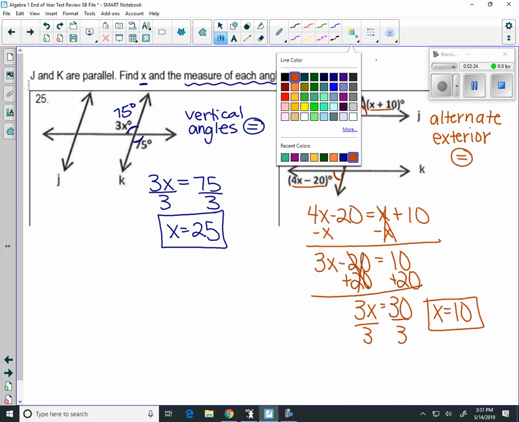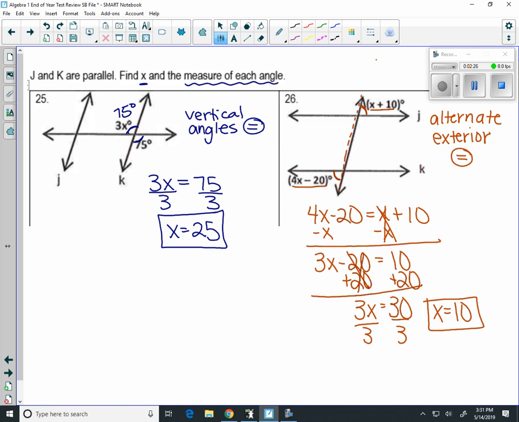So you need to plug that value back in. So up here, 10 plus 10 is 20 degrees. Down here, this should be the same. 4 times 10 minus 20. Well, that's 40 minus 20, which is 20 degrees. Those should be equal. So there, that plugging in there is a great check, but you're also finding the angle value that you need as well.